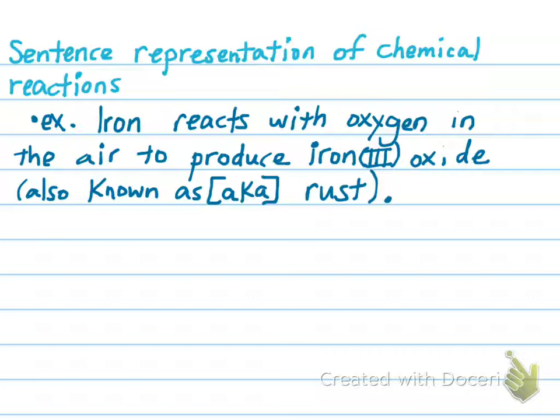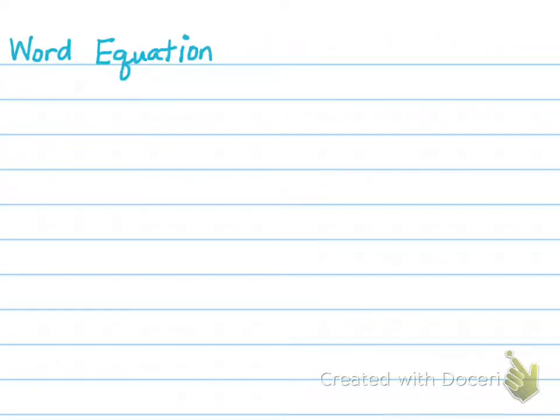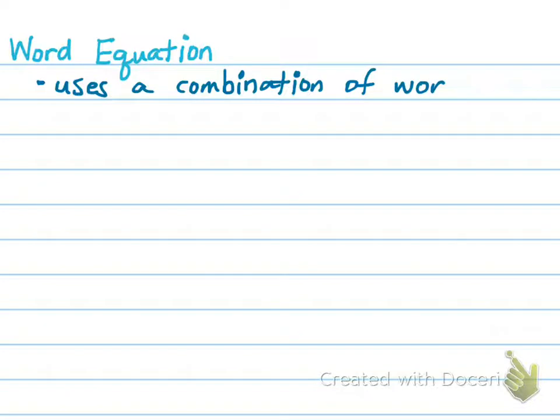So the first thing that we're going to do with our sentence is we're always going to write what's called a word equation. A word equation uses a combination of words and symbols.